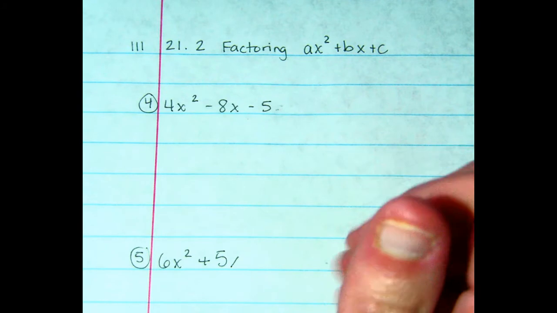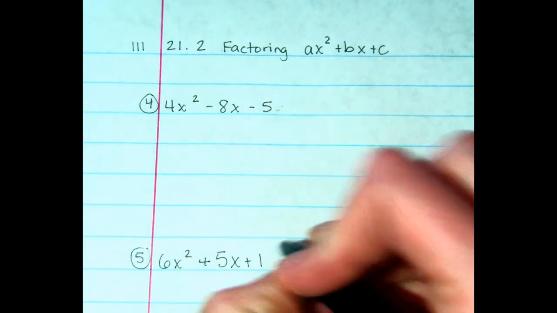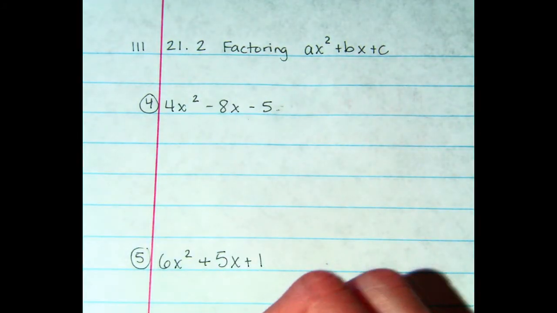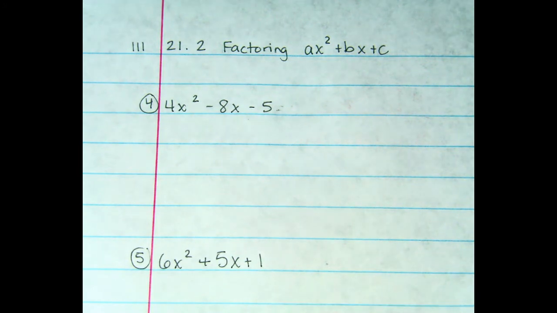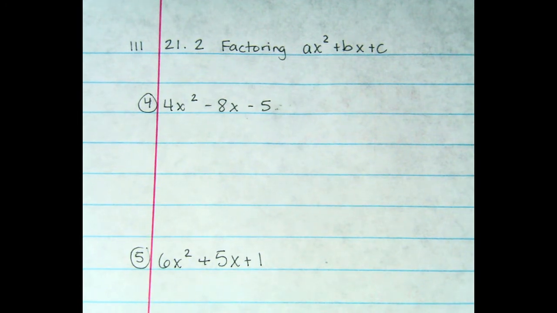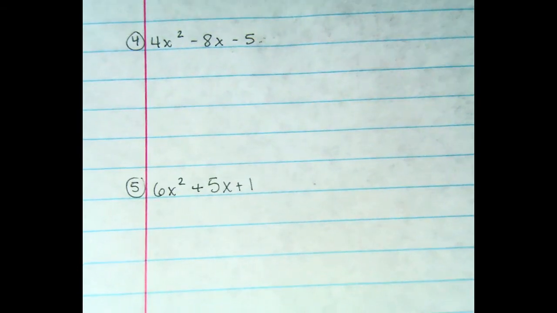I don't know why I put equals 0. We're not solving them. If I was solving them, I would need equals 0, but I'm not. There's number 6. That's all we're going to do together. Giving you enough time to do number 4. If you finish the others, cool.